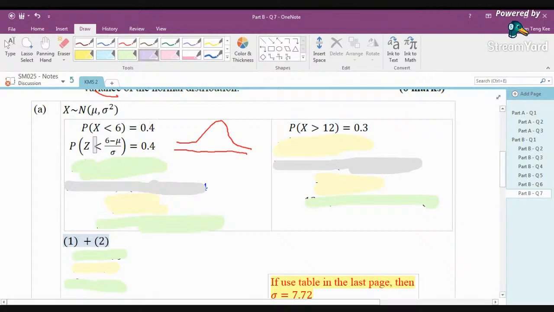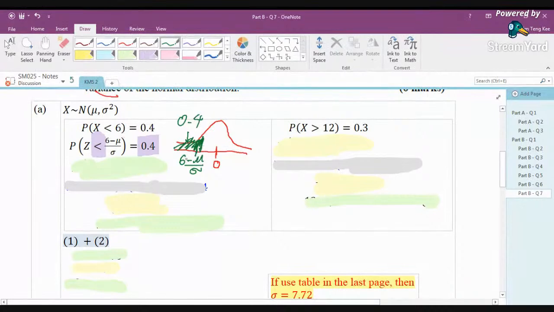First, you tengok less than beritahu kita luas kawasan di sebelah kiri of your bell-shaped diagram, and sebesar mana? 0.4, kurang daripada 0.5. Jadi kalau untuk standard punya sini adalah kosong, then your corresponding (6 minus mu) over sigma adalah di sebelah kiri, dan luas kawasan dia adalah di sini, 0.4.